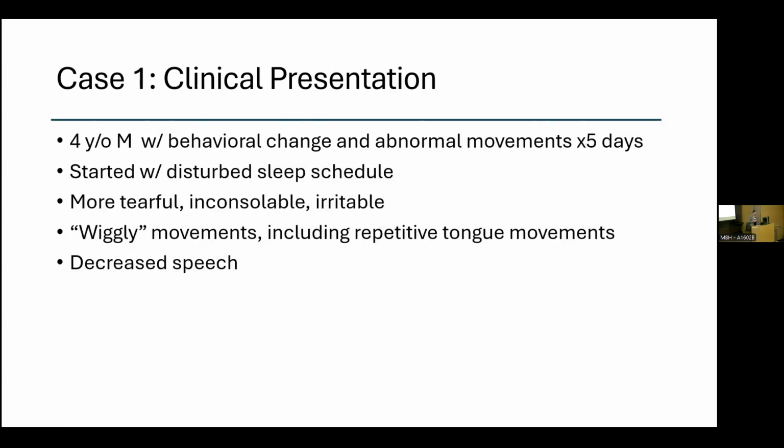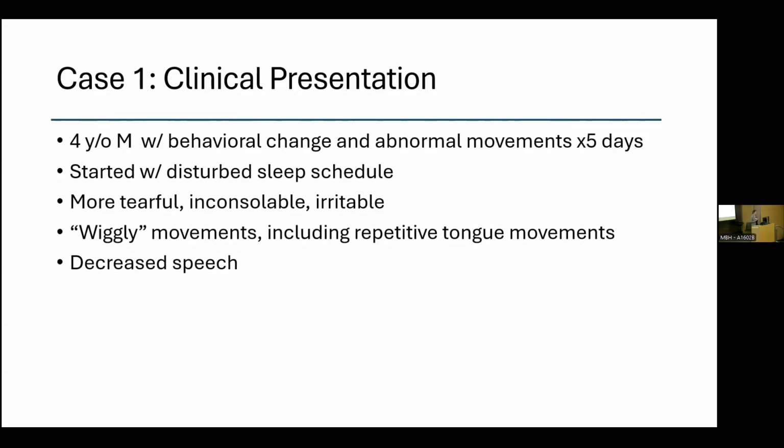So I will start with a case. This was a 4-year-old male, previously healthy, no past medical history, who presented to our ER with some behavioral changes and abnormal movements for the prior 5 days. Mom said it started with some sleep disturbance, and she wasn't sure if he was just going through a regression, but eventually he was hardly sleeping at all. He also was more tearful, inconsolable, and irritable, which was pretty atypical for her normally happy 4-year-old.